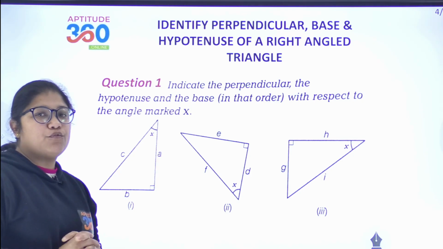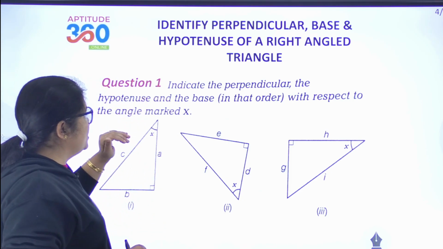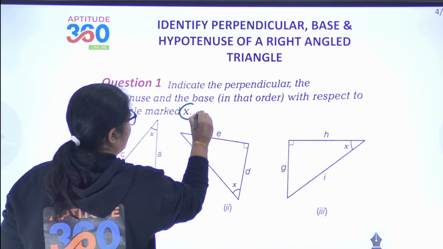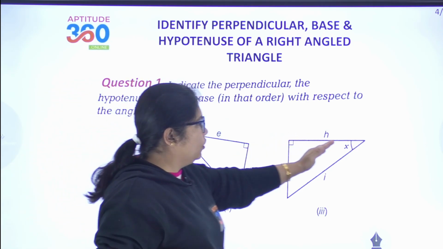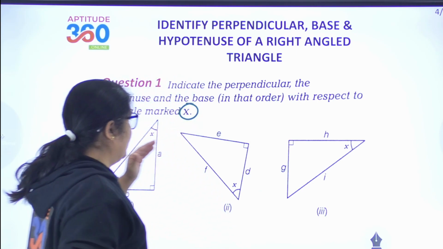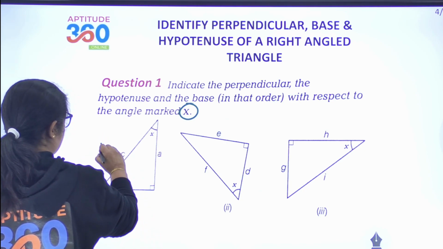As I've already told you, the side opposite to the angle of reference is your perpendicular. Now, what is your angle of reference? It has already been given to you, it is x. So wherever angle x is given to you, it is nothing but your angle of reference. Now, the side opposite to your 90 degree is your hypotenuse.